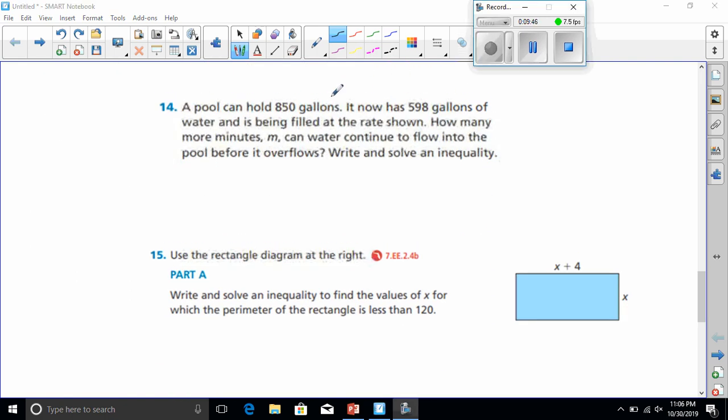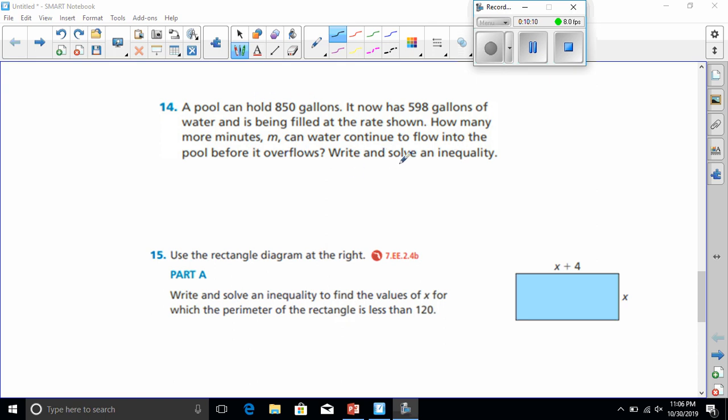All right, so let's go on to number 14. Number 14 says a pool can hold 850 gallons. It now has 598 gallons of water and is being filled at a rate shown. How many more minutes can the water continue to flow into the pool before it overflows? Write and solve an inequality.